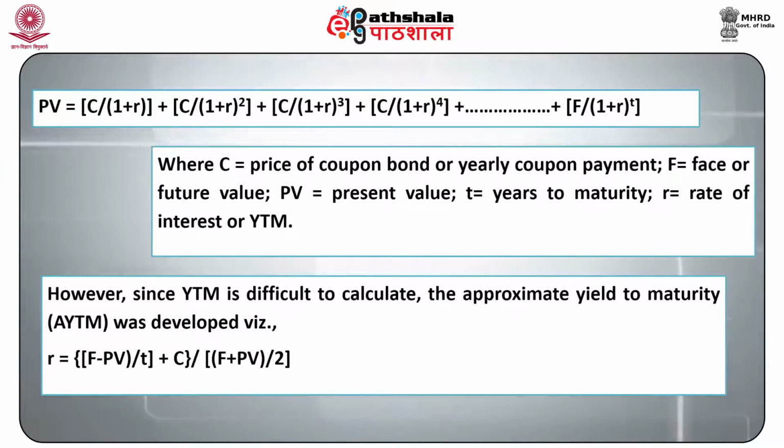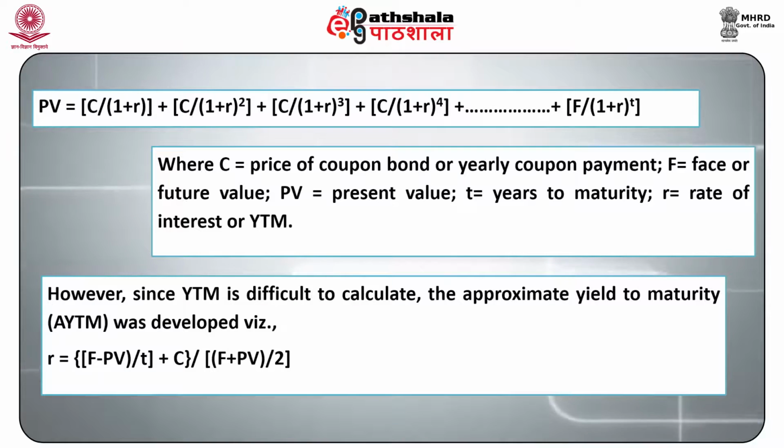It becomes PV is equal to C upon (1 plus R) plus C upon (1 plus R) raised to the power 2 plus C upon (1 plus R) raised to the power 3 plus C upon (1 plus R) raised to the power 4 till plus F upon (1 plus R) raised to the power T, where C is equal to the yearly coupon payment, F is equal to face or future value, PV is equal to present value, T is years to maturity, R is equal to rate of interest or YTM.